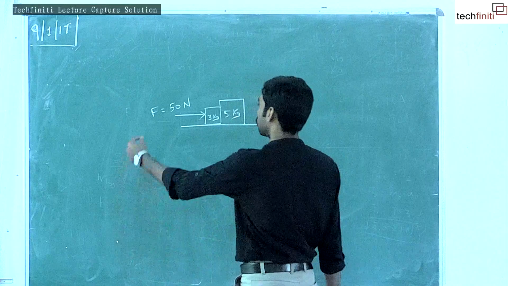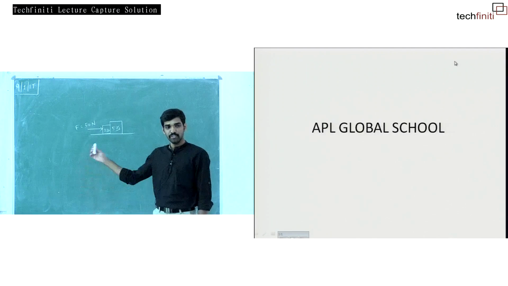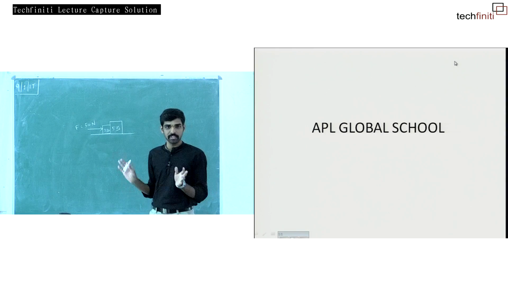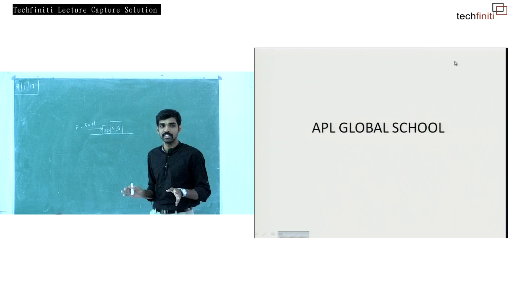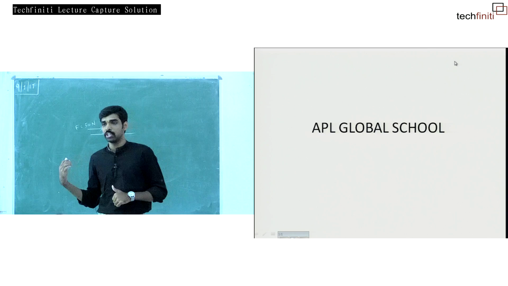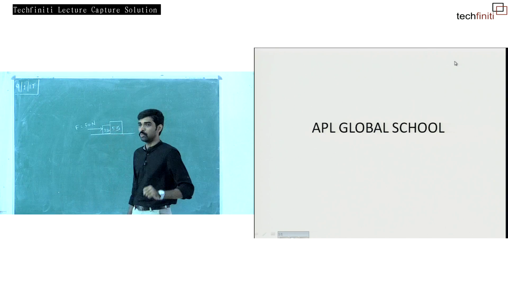Now I am giving a force of 50 newtons. Okay? When I give 50 newtons, I am disrupting the equilibrium of the system. So now we are giving an additional 50 newton force which disrupts the equilibrium and the system starts moving.